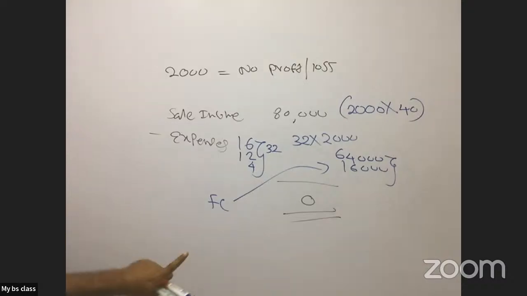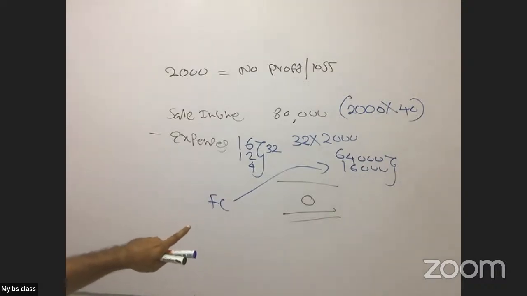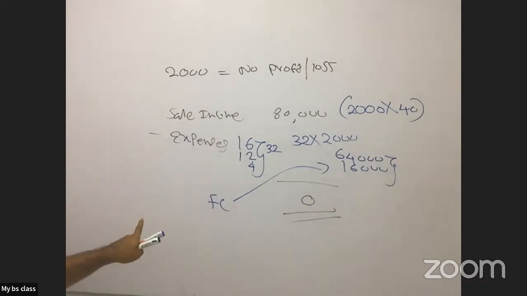So 32 times 2,000 is 64,000, plus that 16,000, because irrespective of whether you make 2,000 or 3,000 units, the fixed cost does not change, which is 16,000. So 64 plus 16 is total expense, which is 80. So sales income 80 minus total expenses gives the answer 0.